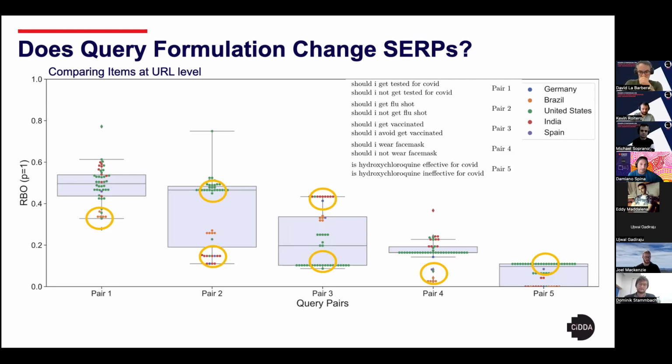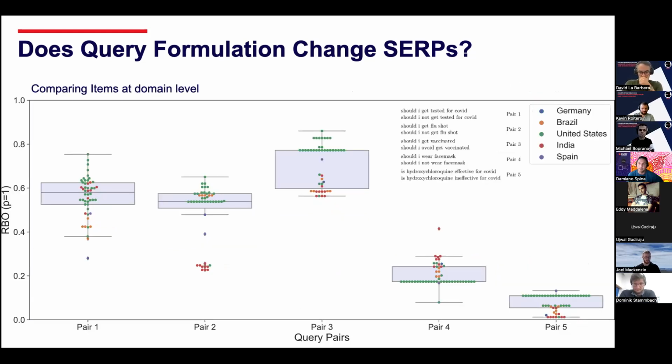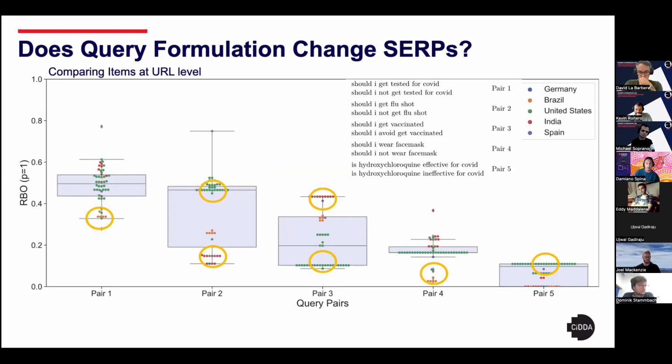The other effect is at URL level, where we see that overall the rank-biased overlap scores are lower than we would expect. So there is something happening in terms of negation having some effect here.